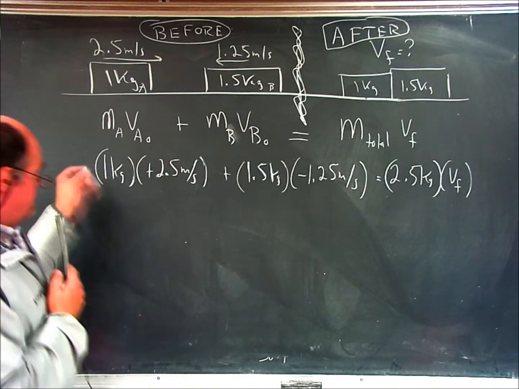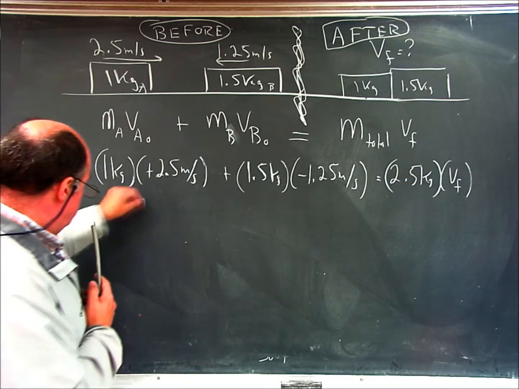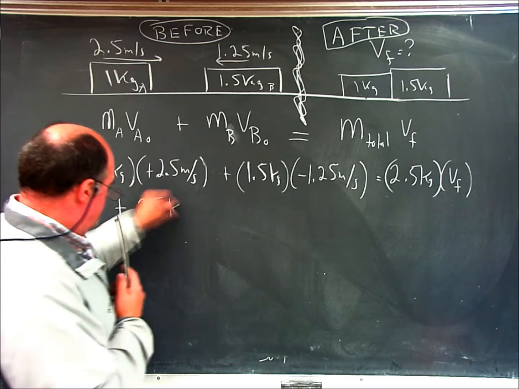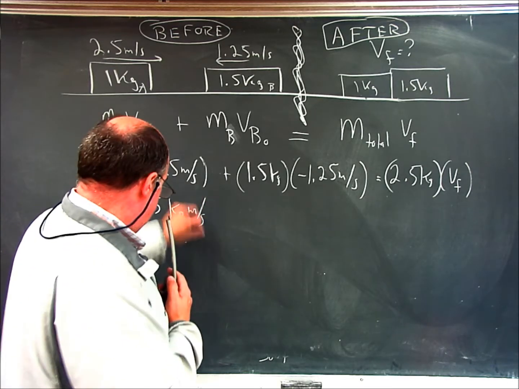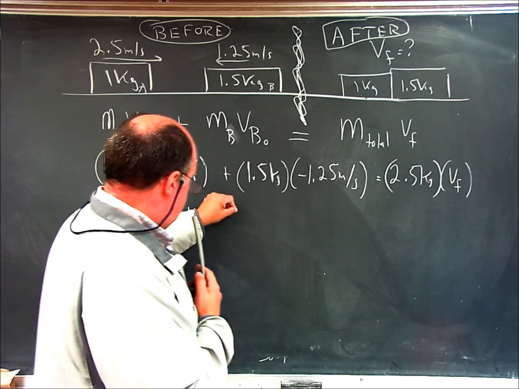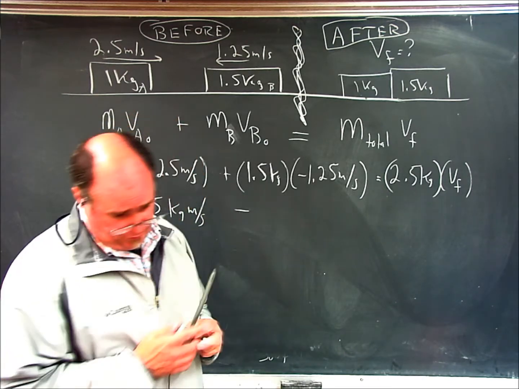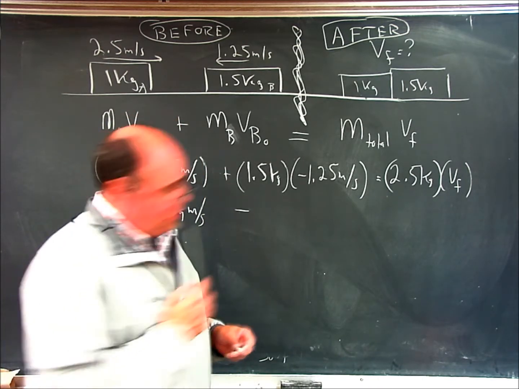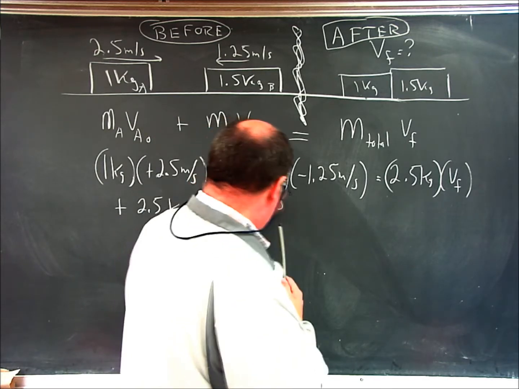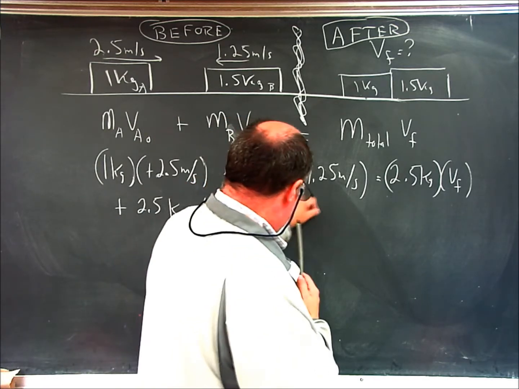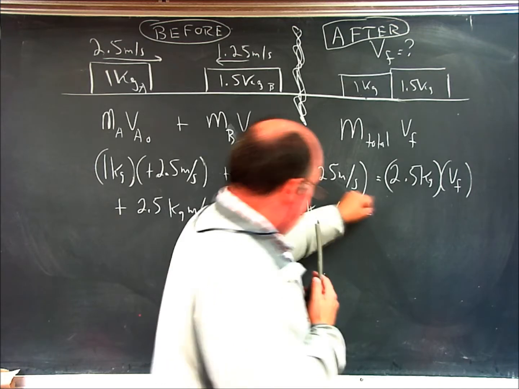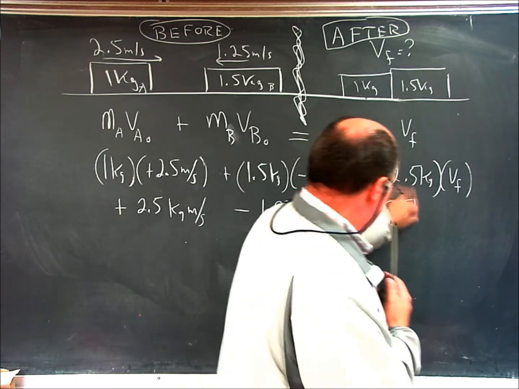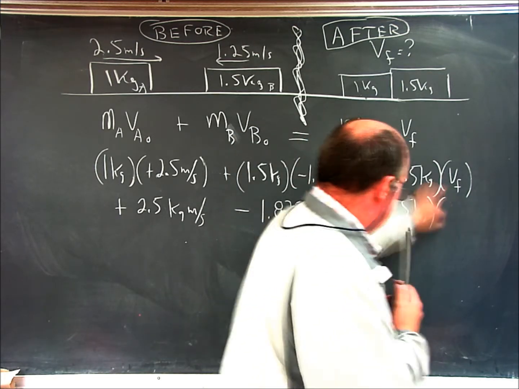So I've done this earlier today. This was a positive 2.5 kilogram meters per second, and this is a negative 1.875 kilogram meters per second, and that still equals 2.5 kilograms times V final.